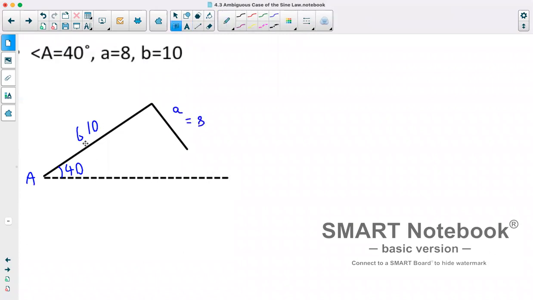Once again, I chose the same values here, so we know this height is 6.4. Now, 8 is larger than 6.4, so theoretically it could continue to here, or it can also fit going back this way. So since our a is larger than h, we have two triangles.